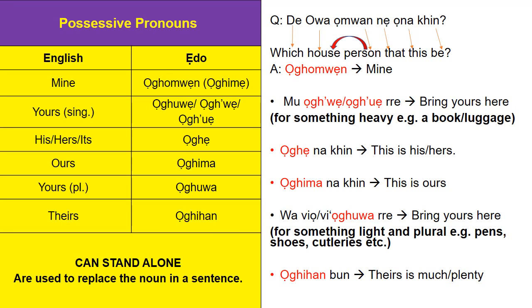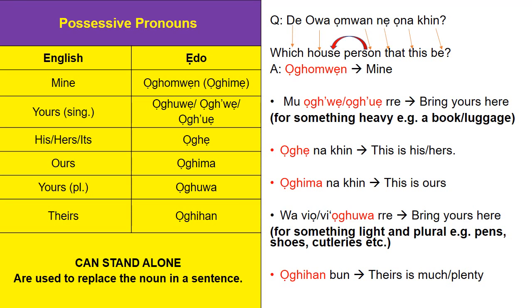But here this is a special case, because it's not the first word that drops its vowel, but the following one. So this is an exception. But then you say ore nahin. So this is hers, or this is his. Then orima nahin. This is ours.